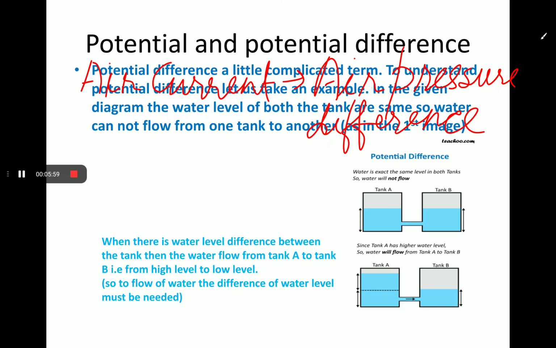And if I ask you how heat flows, you simply answer that heat flows from high temperature to low temperature, or heat flows due to the temperature difference.